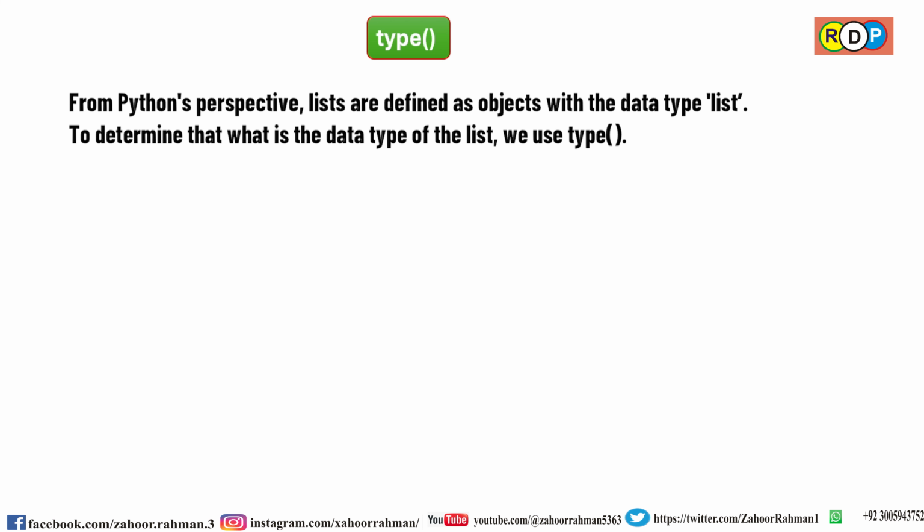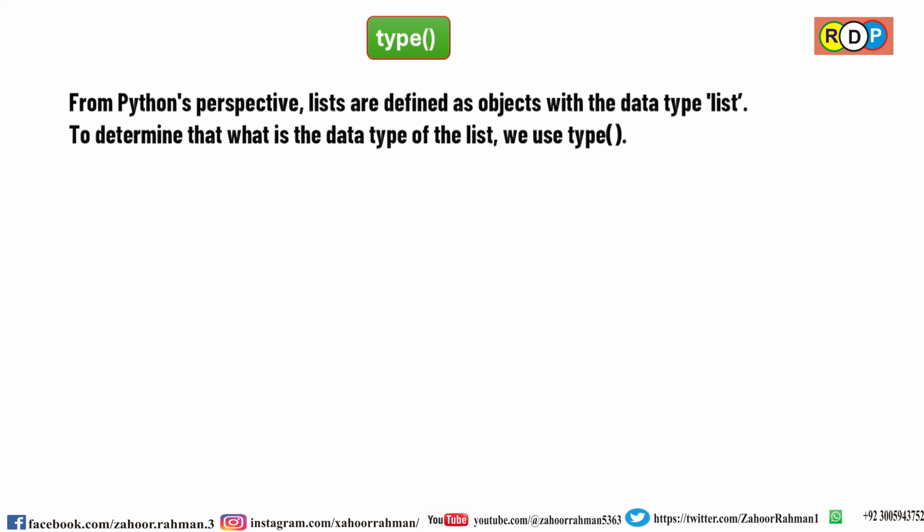It is totally dedicated to object-oriented programming. When we reach the concept of object-oriented programming, which is totally based on classes and objects, then we will discuss that. By default, list is a class whose type is list.